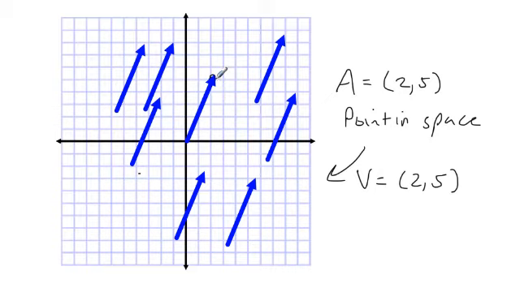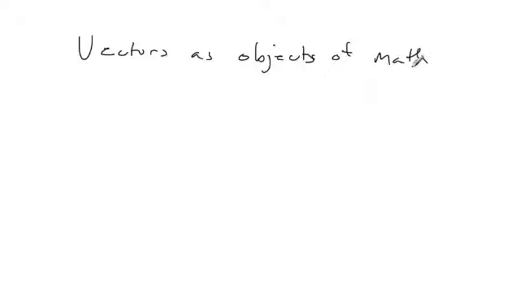We just choose to represent the vector by that particular line segment. So, hopefully that gives you a little better understanding of vectors as objects of math operations, and also gives you a distinction of vectors versus points.